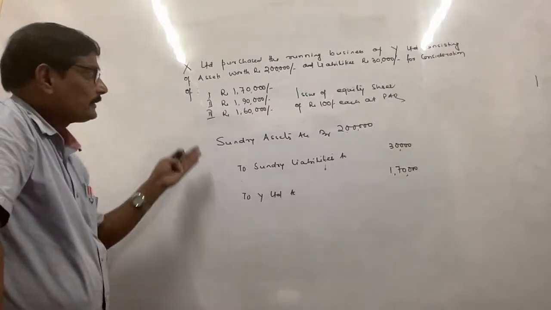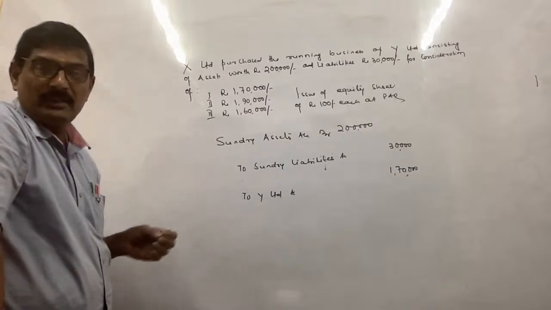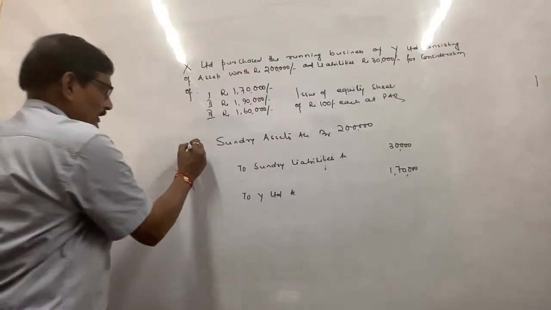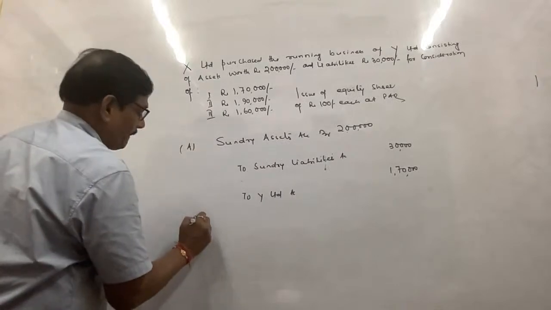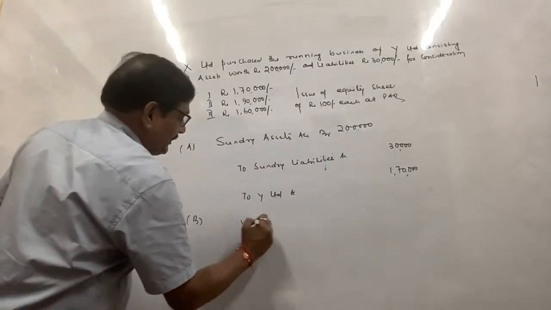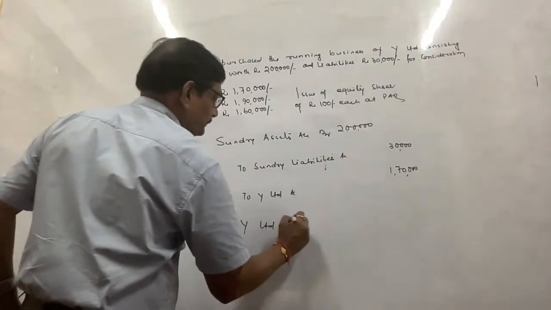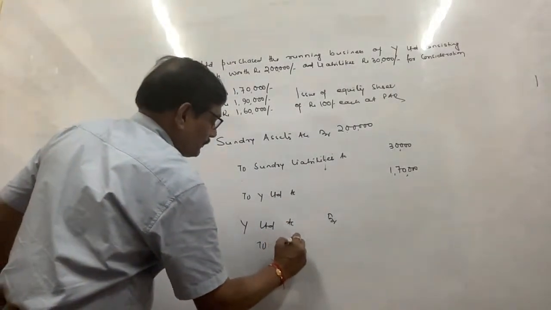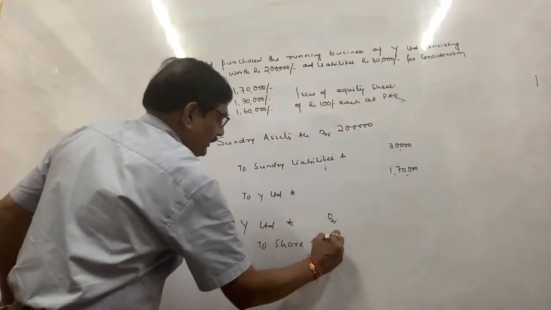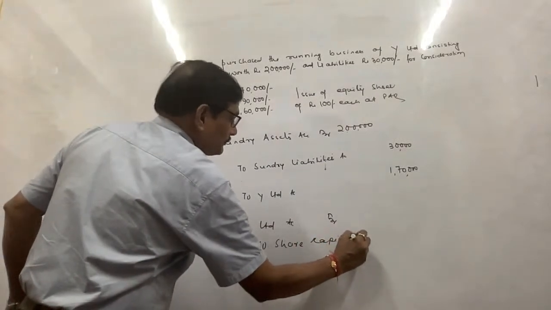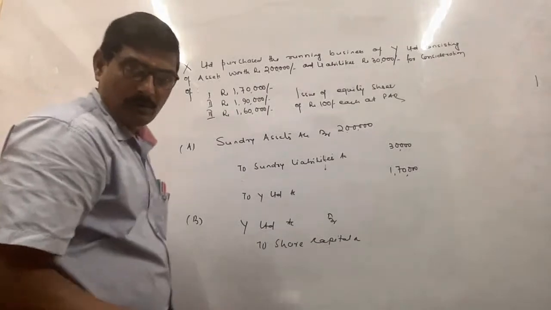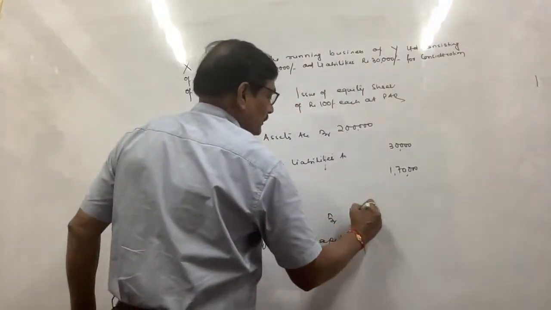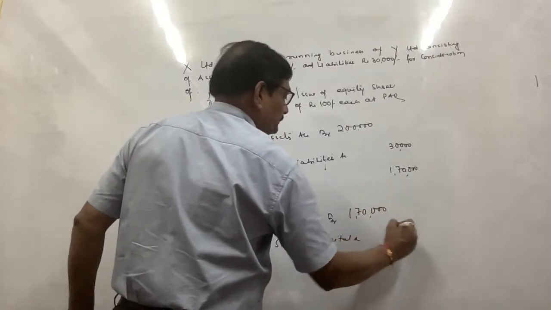Next, now we are issuing the shares at 100 each. So the second entry will be Y Limited account debited to share capital, that is 1,70,000.